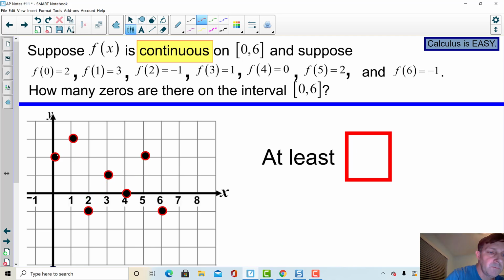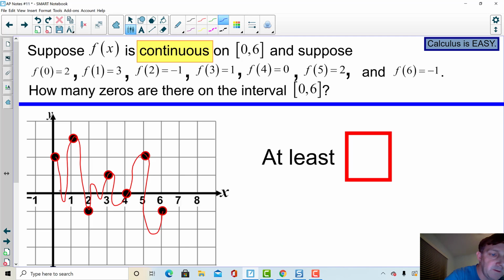Let's have a look. We don't exactly know what the function does. It could come down, it could come back up, could come down. It could cross through the x-axis many times, and we don't exactly know what's happening. But if you look at our previous picture, we know for sure, because it's continuous, that there must be at least 4. There could be more than 4.